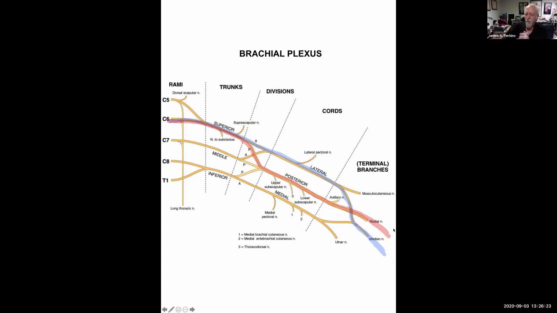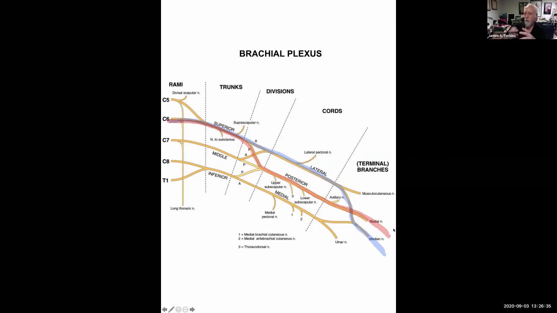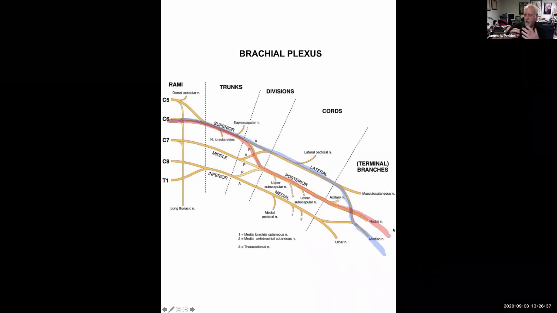The point I'm making right now is that if we're looking at just the C6 dermatome, which would be just the thumb, the lateral aspect of the forearm, and lateral aspect of the arm, all of those neurons are going to end up at C6, because that's the definition of what the C6 dermatome is. But the radial nerve would also be carrying neurons from different dermatomes, which would end up at different spinal nerve levels.